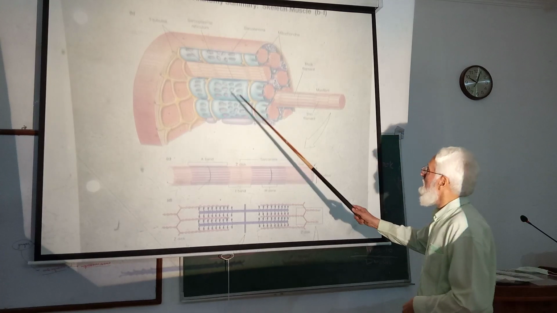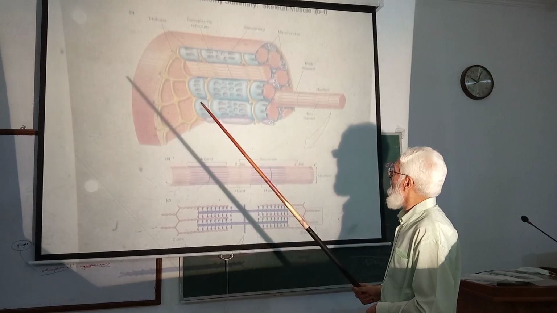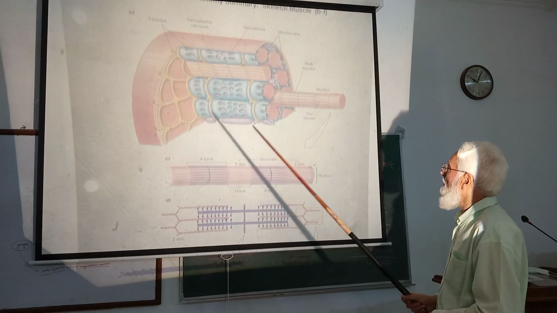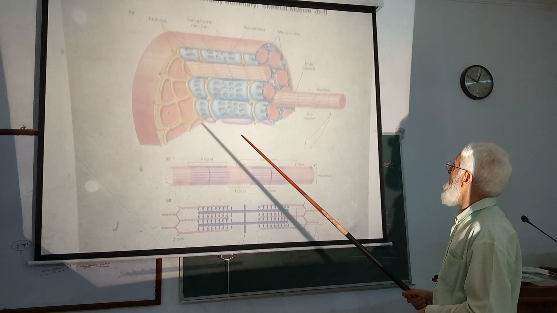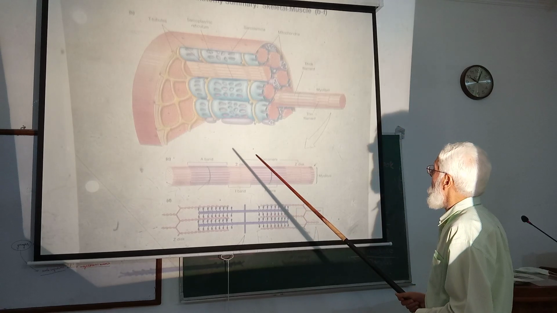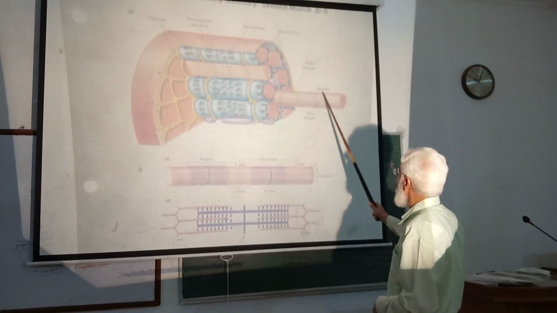You see, in the sarcoplasm there are a number of myofibrils. A number of myofibrils are present in the sarcomere. You see one of the myofibrils.